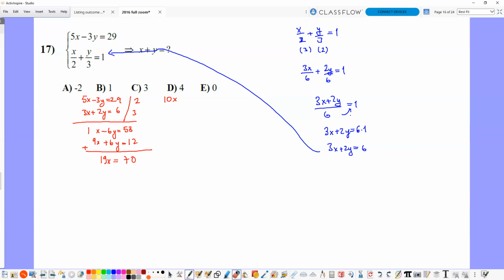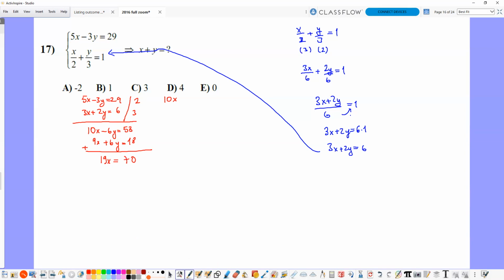Yes, that's the thing. I couldn't find that one. Yes, thank you very much. Here, 6 times 3 is equal to 18. Yes, now it's going to be 10x. So this is 10x. There was no problem.